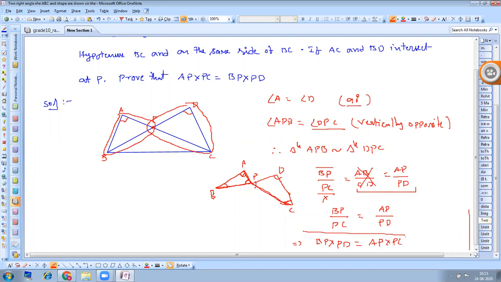This is the required statement I had to prove. Am I clear, guys? Shall I go for the next one?